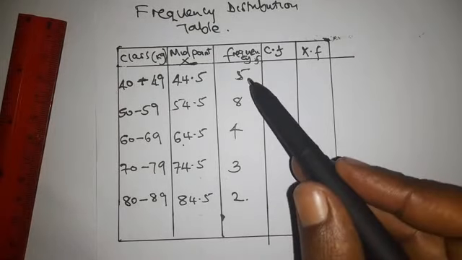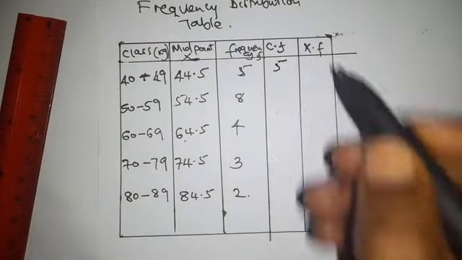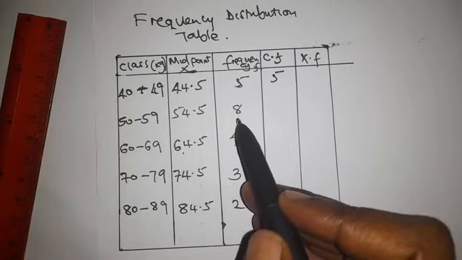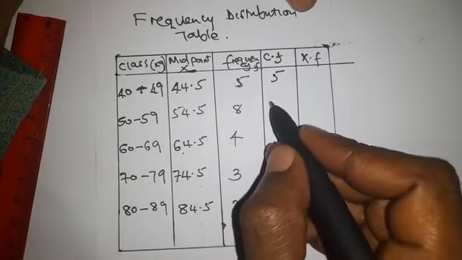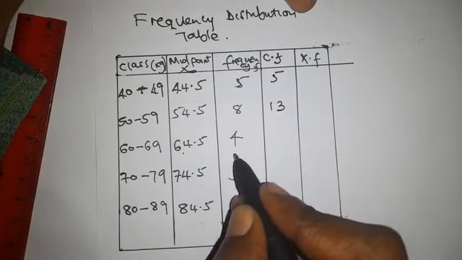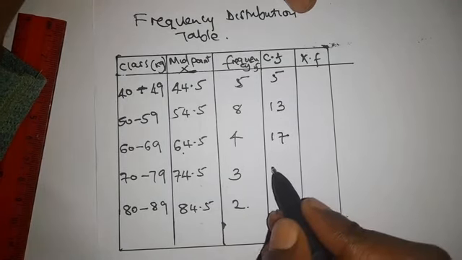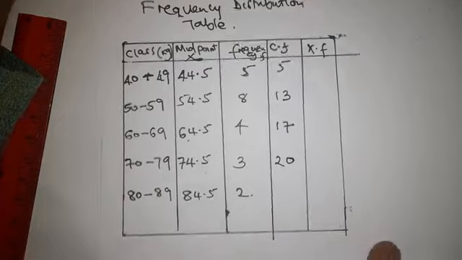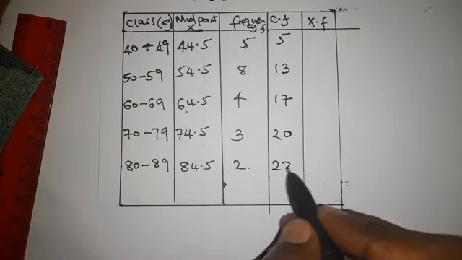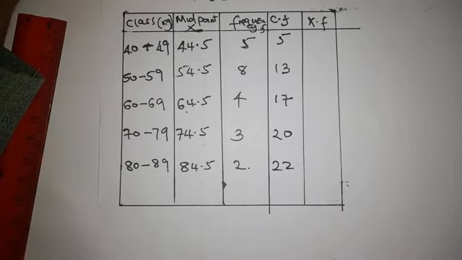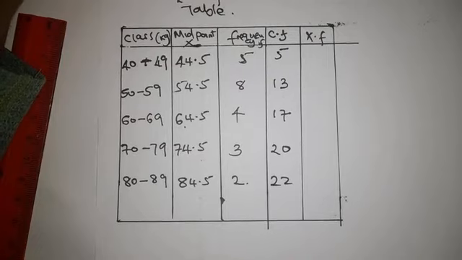So we start with 5, then we add 8, which gives 13. We add 4, it gives 17, we add 3, it gives 20, and we add 2, it gives 22. It means in that club we have 22 members.